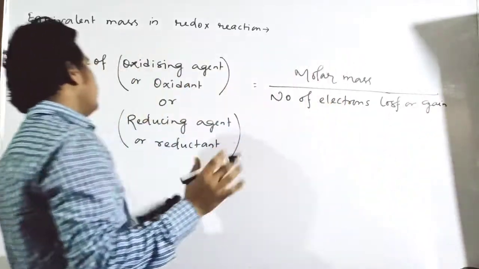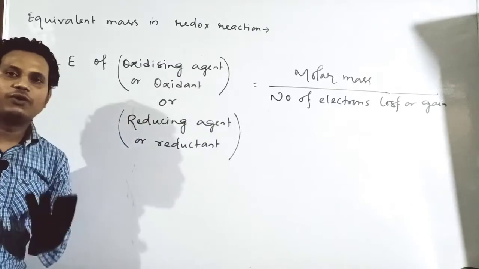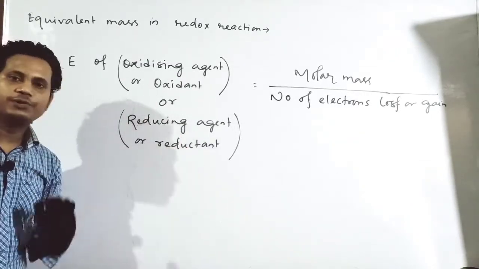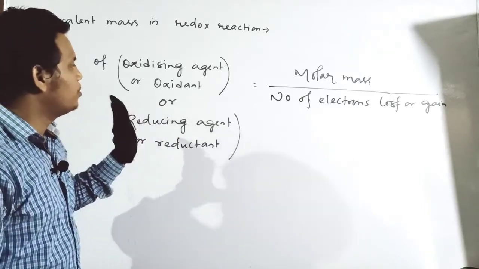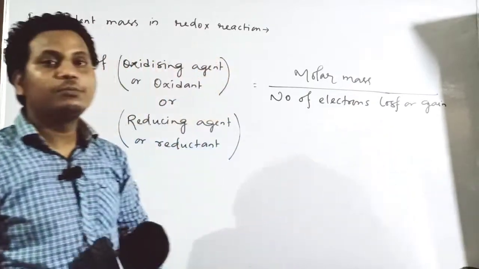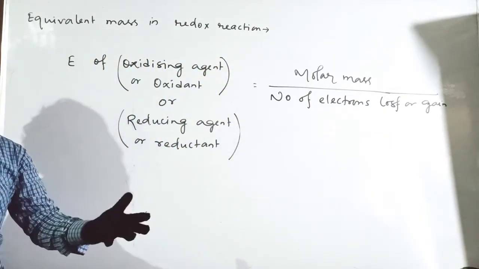So this is the formula. If asked the equivalent mass of oxidizing agent or reducing agent, the formula is molar mass divided by number of electrons lost or gained.